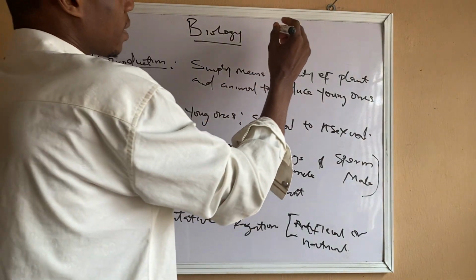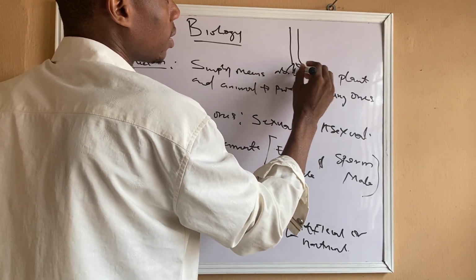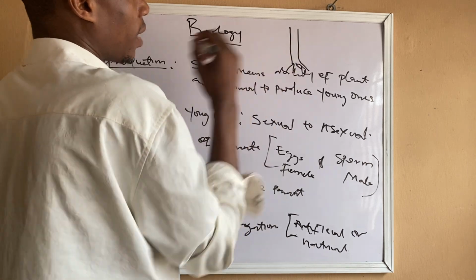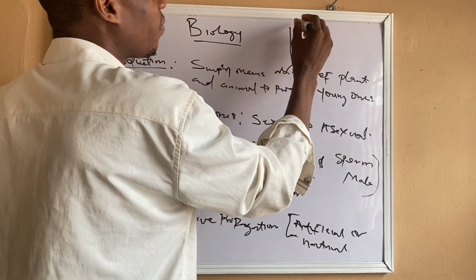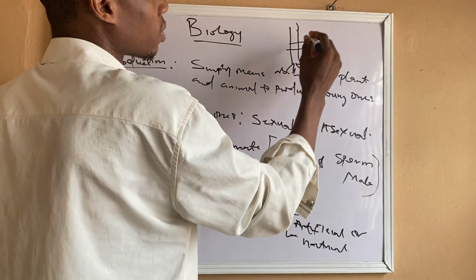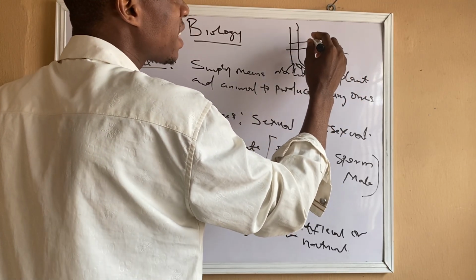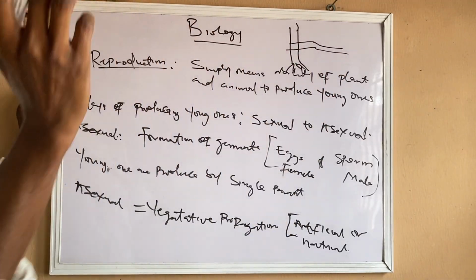Let me say it like this. Assuming this is a plant, the vegetative part now produces either naturally or artificially.